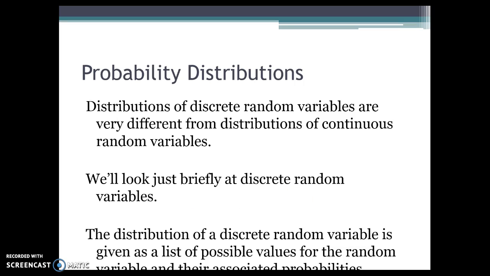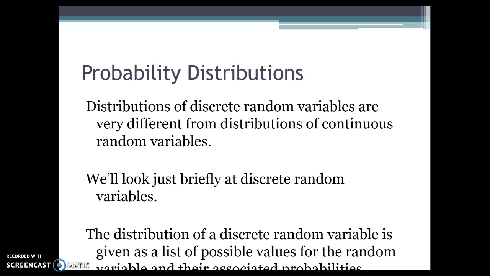So probability distributions look a lot different based on whether they're discrete or continuous. We talked about that before, but let me just remind you again: discrete are usually restricted to be whole numbers. Continuous are not. They could go out to any number of decimal places.